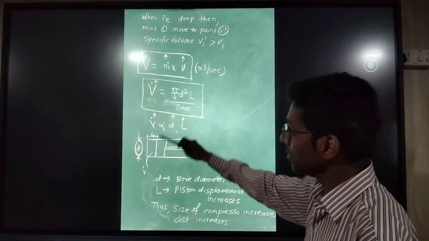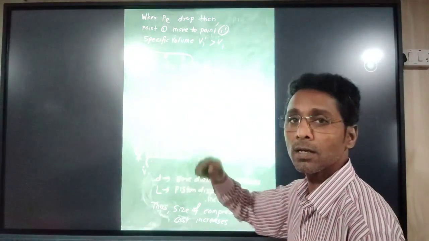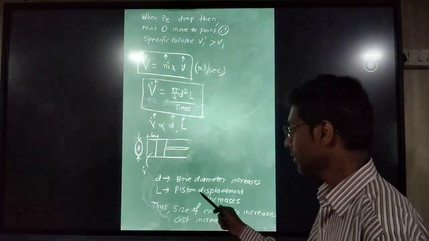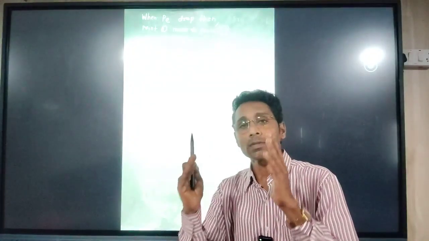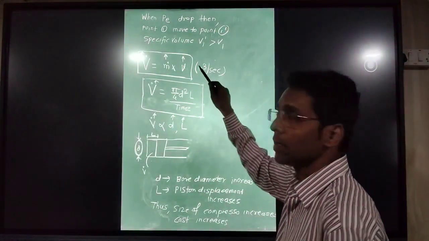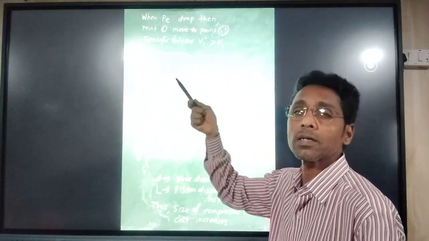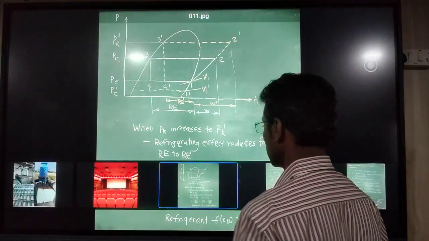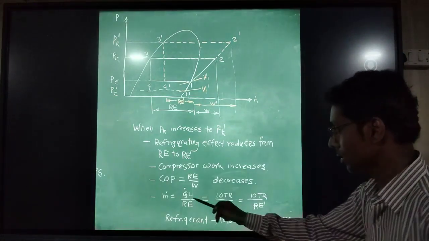When the flow rate is increasing, the bore diameter of the cylinder is increasing, and it increases the size of the compressor. So the compressor size becomes bulky when there is a requirement of more flow rate, because more flow rate is required in heavy duty applications. Here we can see how the mass flow rate is required more.